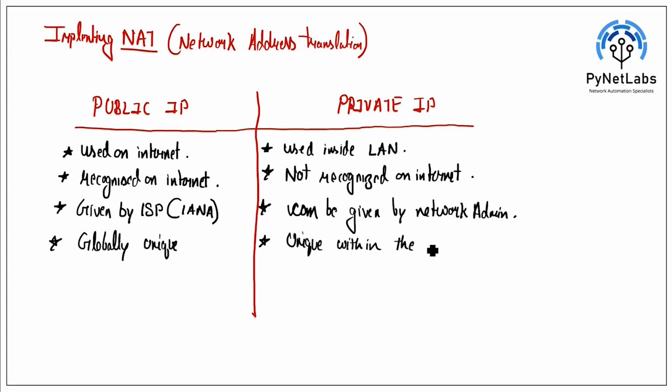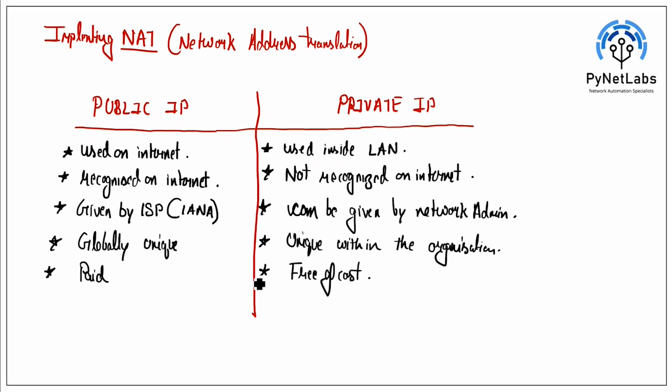You have to pay for public IPs; they are paid addresses, you are not getting them for free. But when it comes to private IP addresses, these addresses are free of cost. You don't need to pay for these IP addresses, guys.